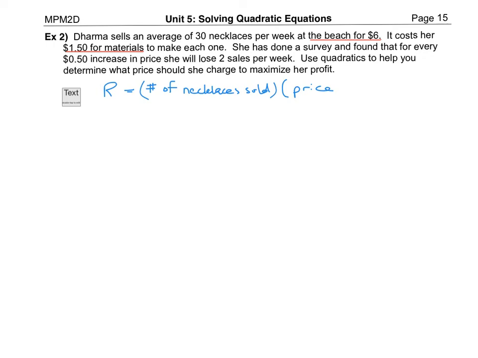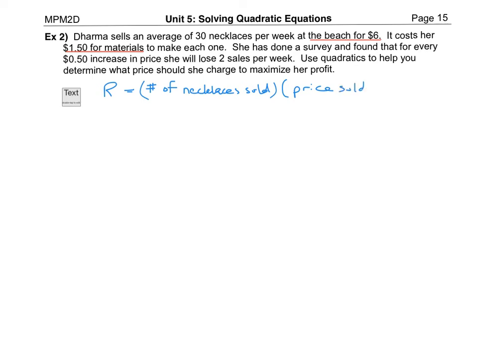If she increases her price to $6.50, her revenue would be 28 times $6.50. If she increased by another 50 cents to sell them for $7, then she would actually be only selling 26 necklaces. So it would be 7 times 26.